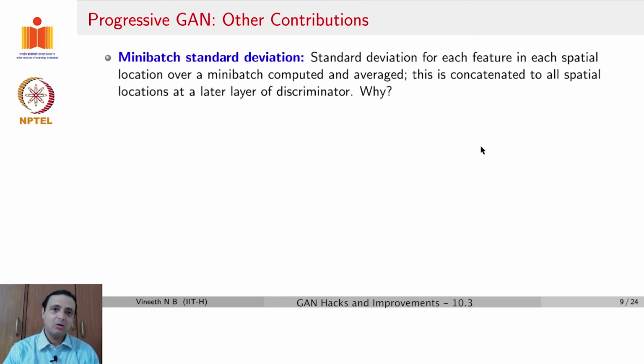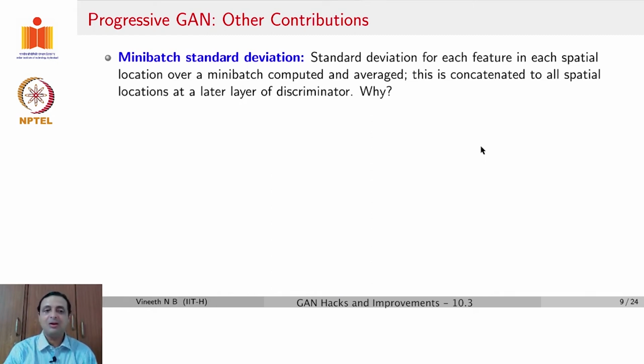As I mentioned, progressive GAN also introduces a few other design decisions. One such contribution is known as mini batch standard deviation. In this step, the standard deviation for each feature in each spatial location over a mini batch is computed and averaged.